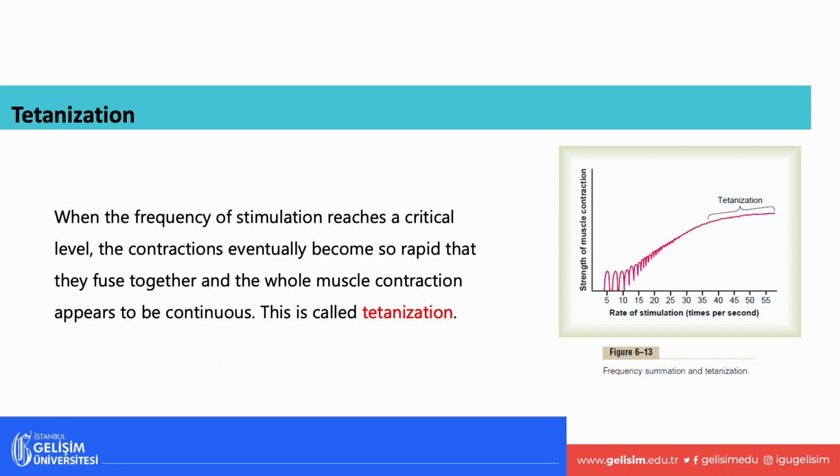The specific type of tetanus that occurs depends on the frequency and the duration of the stimulus. So both the frequency and the duration of the stimulus determine the specific type of tetanus that will occur.